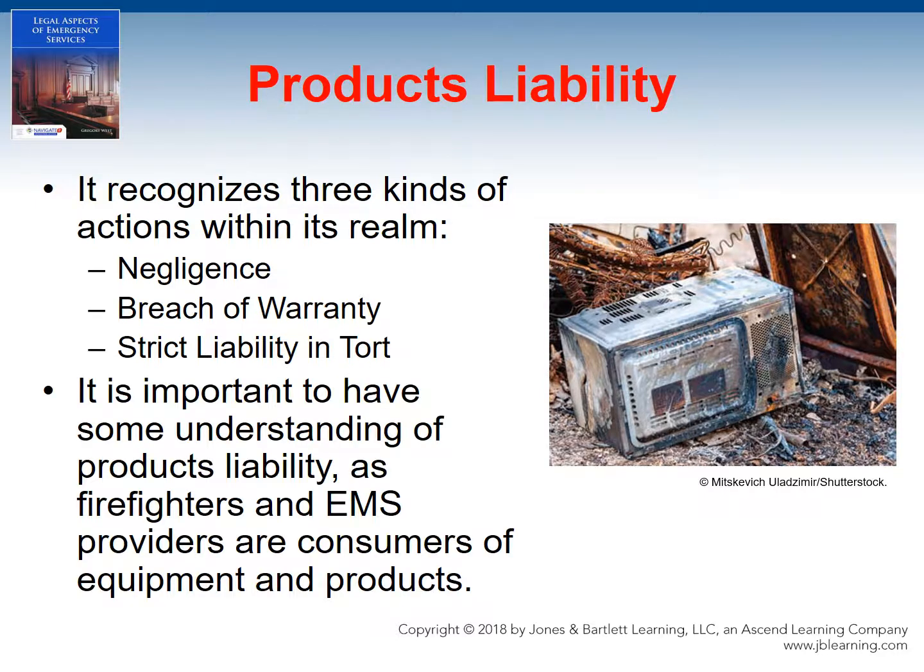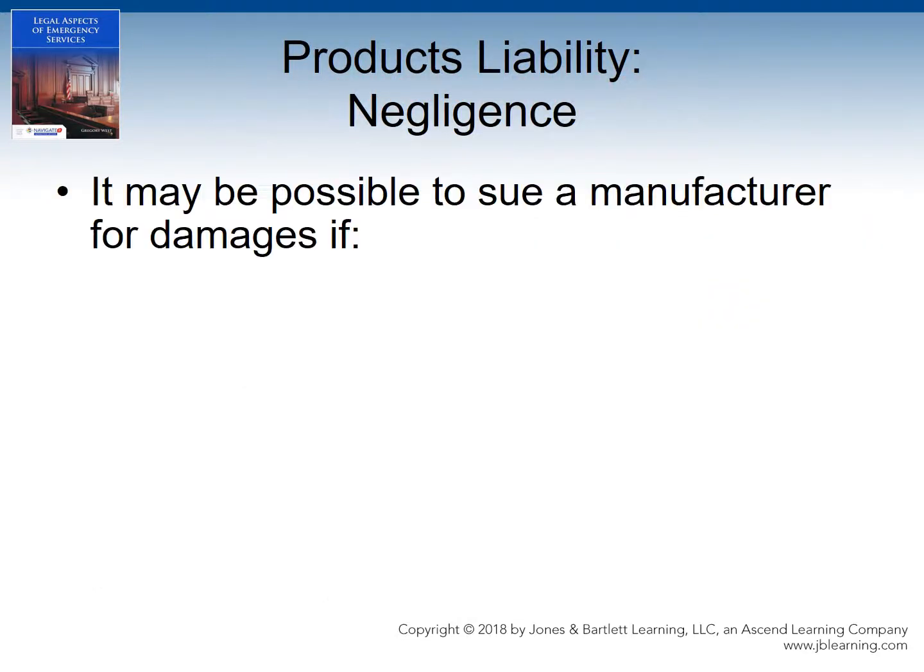Given that emergency service agencies and their employees are consumers of equipment and products, a cursory understanding of products liability can be helpful. The first theory for recovery against a manufacturer for a product that causes harm to another is negligence.